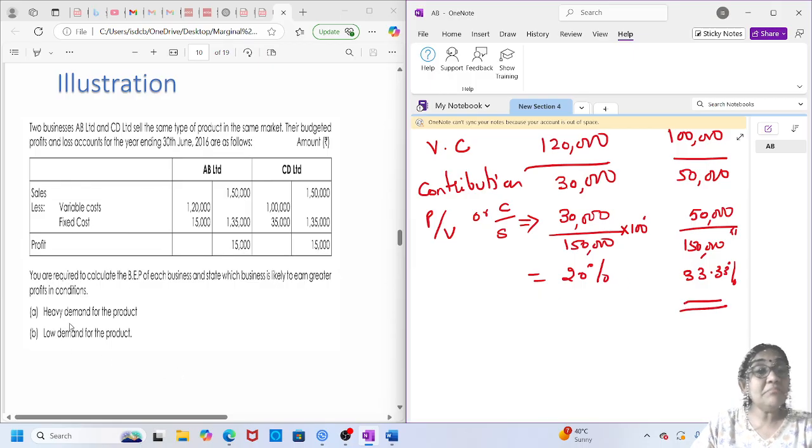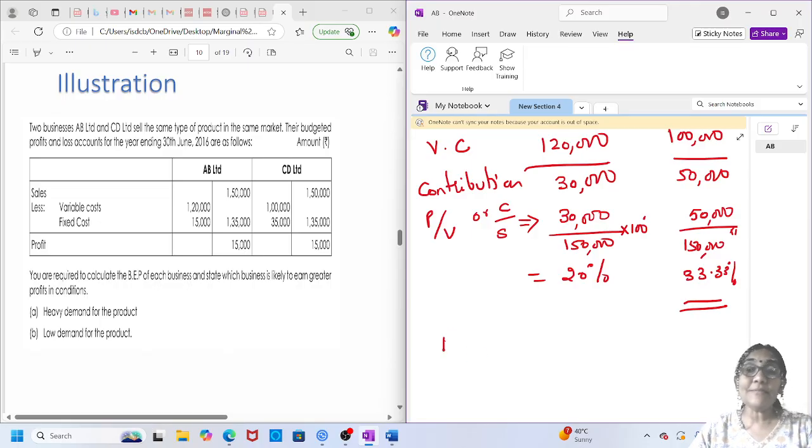So where the demand for the product is more, the product CD would be more suitable since the PV ratio is higher. So you should be able to interpret the PV ratio as well. Higher the PV ratio, more profits it would earn, because the BEP would be less.